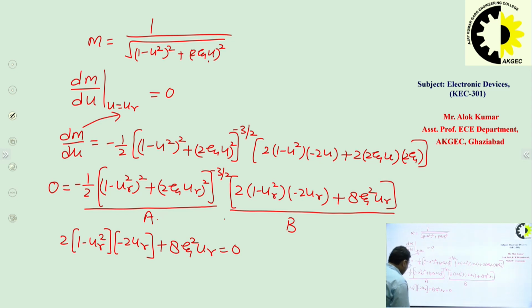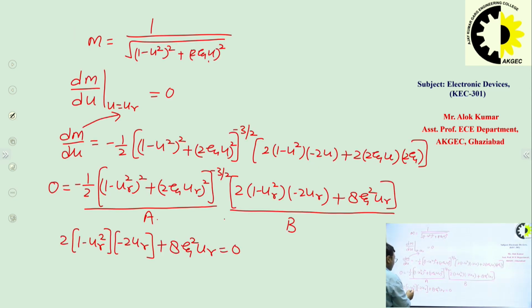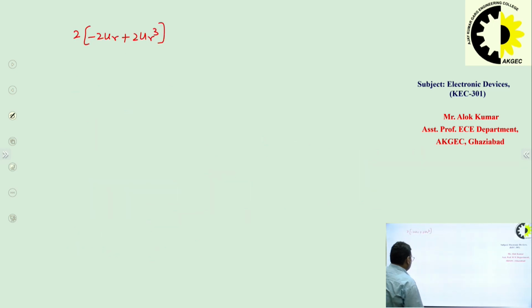After solving this, if I rearrange the terms, I can write 2 into (minus 2 ur plus 2 ur cube) plus 8 zeta square into ur is equal to 0.